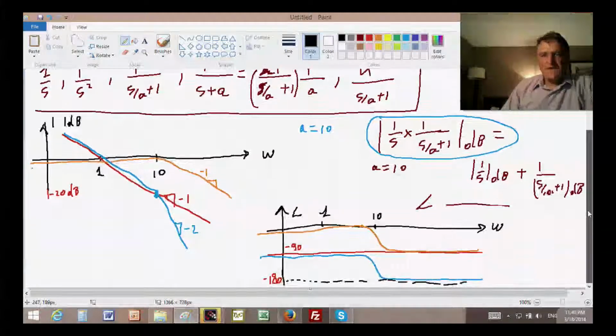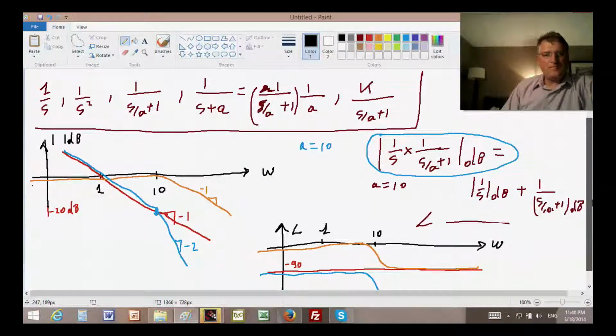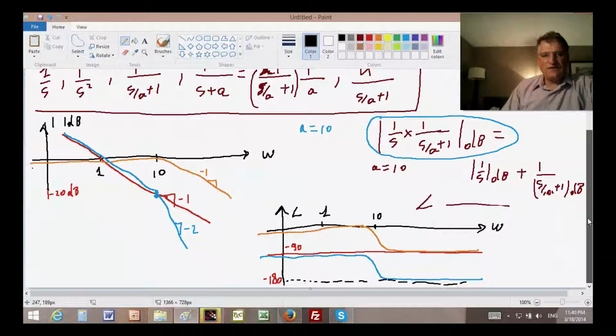All right. So that is particularly useful, because it allows you to draw by hand all these and arbitrarily complex transfer functions.